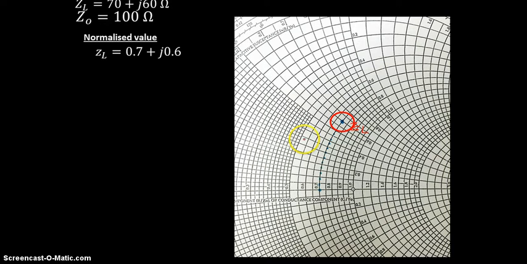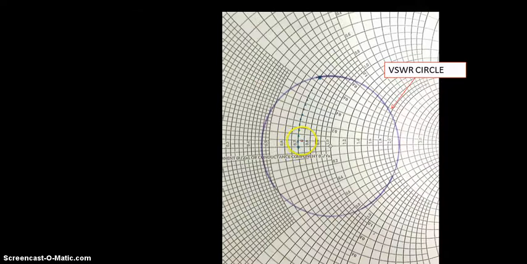The next step is we will draw the VSWR circle. So we have drawn the VSWR circle and this point is our ZL.